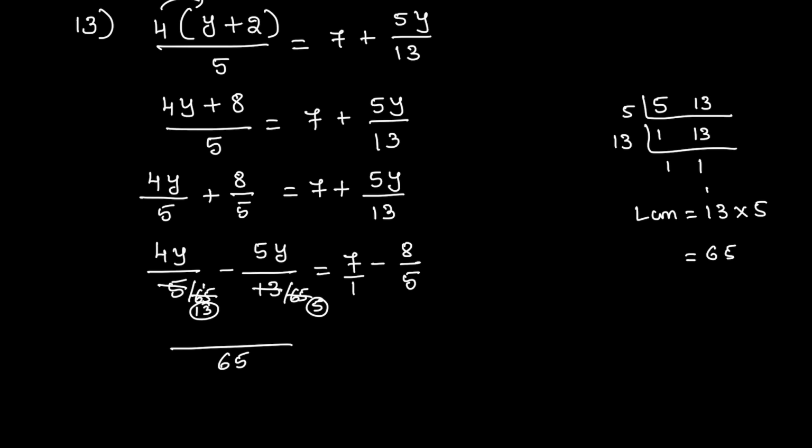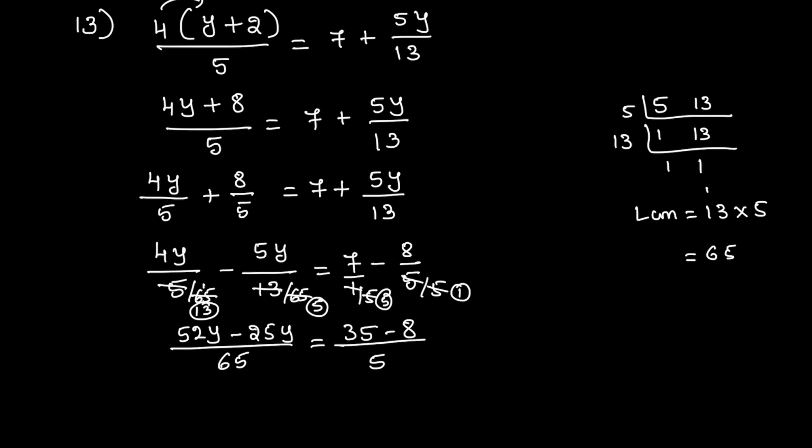So 13 into 4 will give 52. So 52y minus 25y. On the right hand side, 1 and 5, 5 is the LCM. 1 ones are 1, 5 ones are 5, 5 sevens are 35, minus 8.